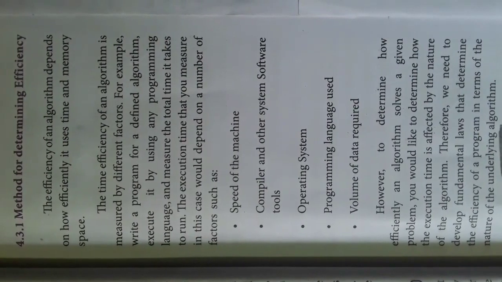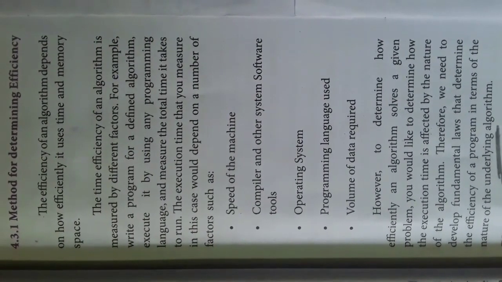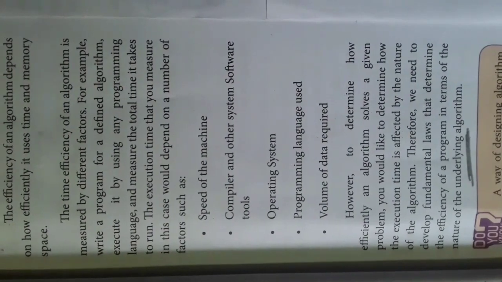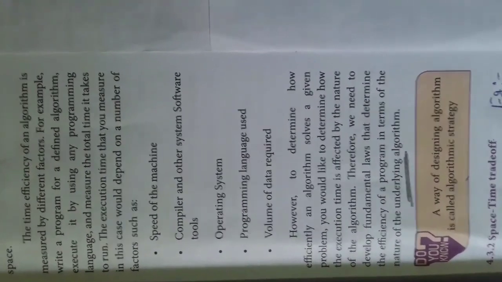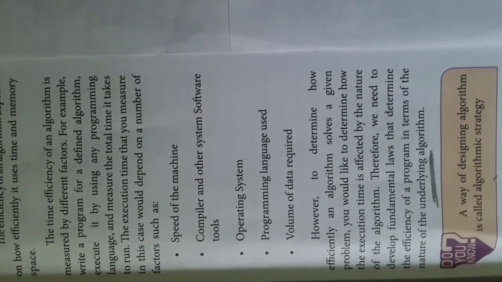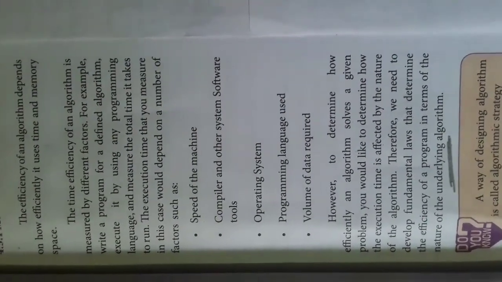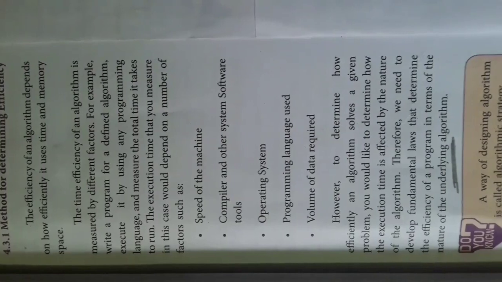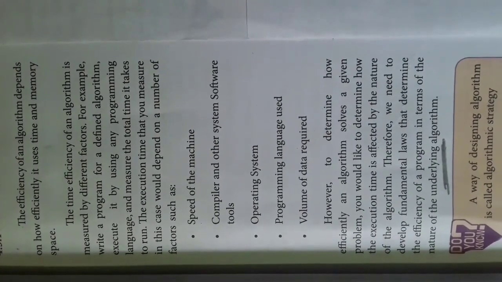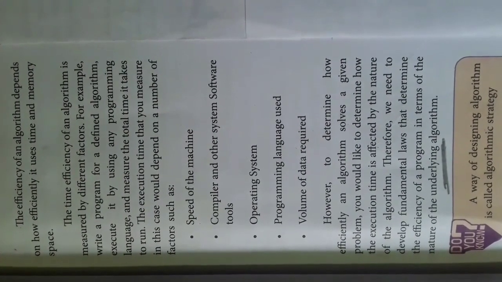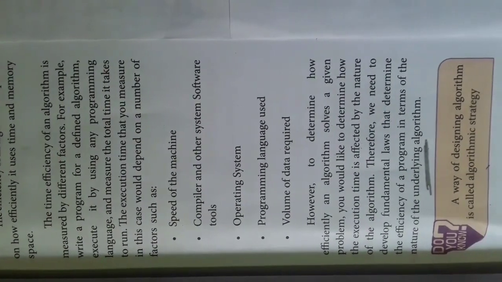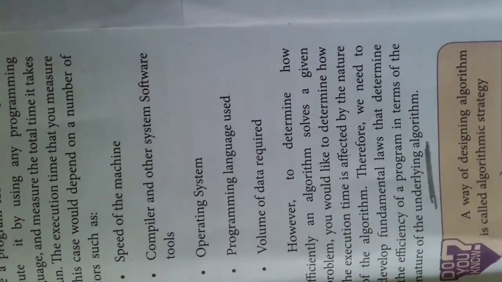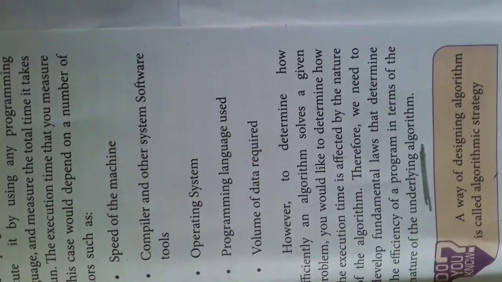To determine how efficiently an algorithm solves a given problem, you should determine how the executable time is affected by the nature of the algorithm. Therefore, we need to develop fundamental laws that determine the efficiency of a problem in terms of the nature of the underlying algorithm. So the way of designing algorithm is called algorithm strategy. This is for today's class. Remaining we see in the next class.